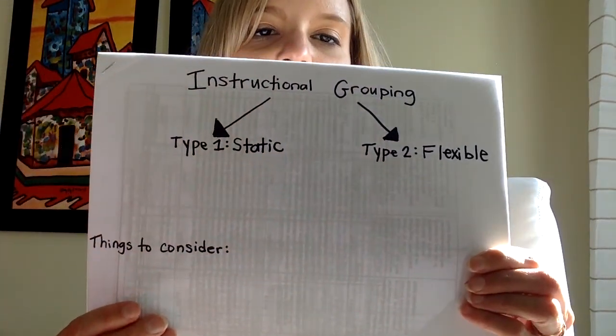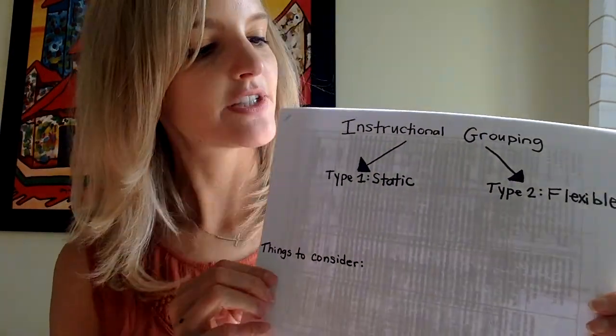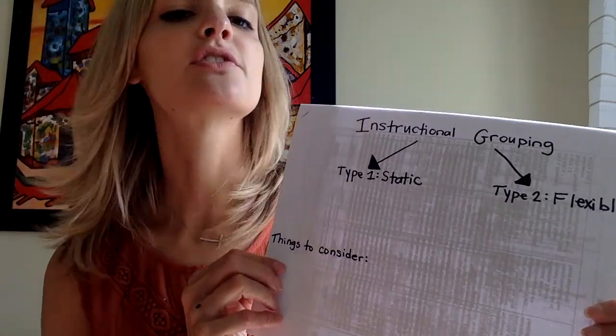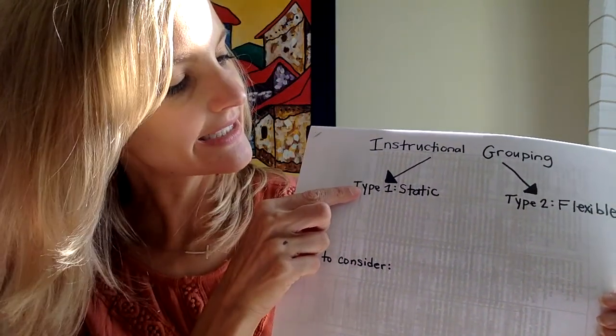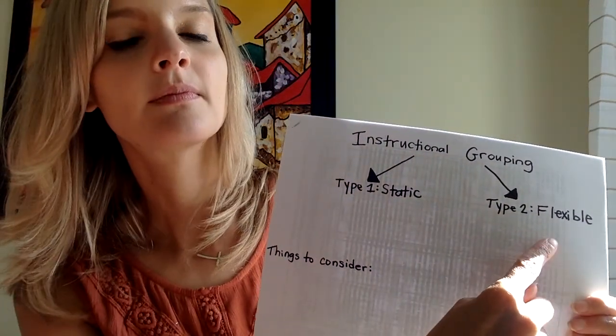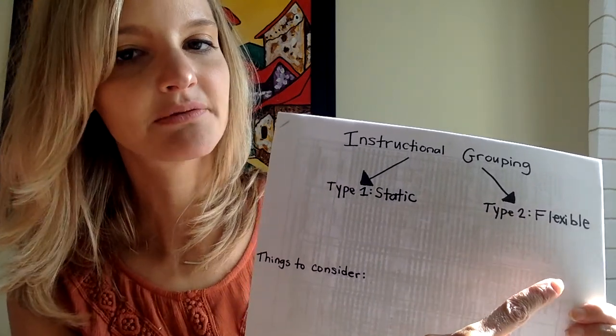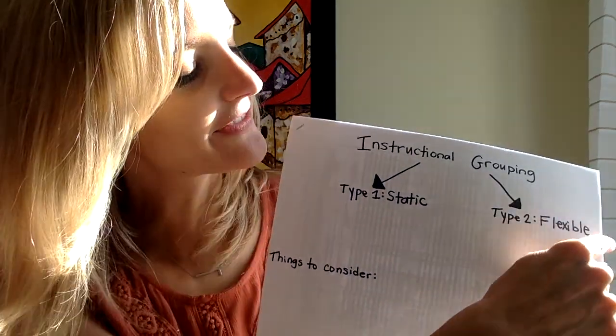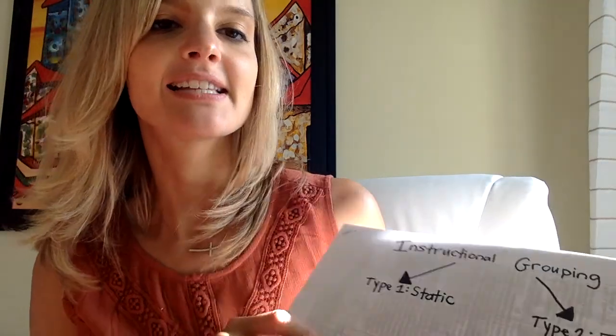Okay? So just to give you a little bit of a visual here, we have two main types of instructional grouping. So static and flexible. Right off the bat, you should remember the importance of this flexible word, okay? Static is basically going back to that idea of tracking, right?